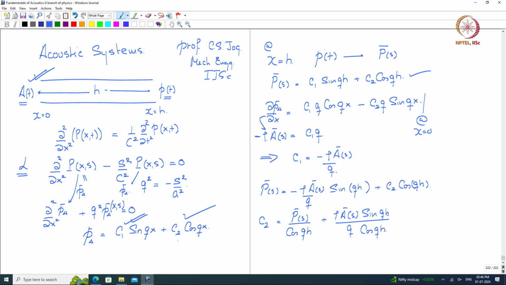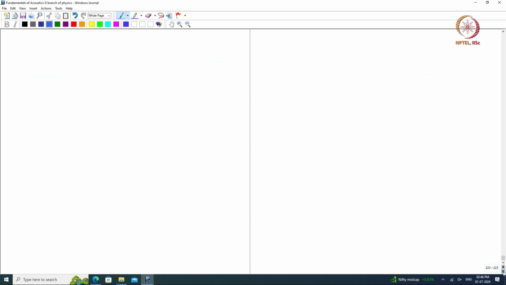So if we combine c1 and c2, p bar delta is known. So what is p bar delta of x and s? That is equal to rho a bar of s sin q(h minus x) by q cos qh plus p bar of s cos qx by cos qh.